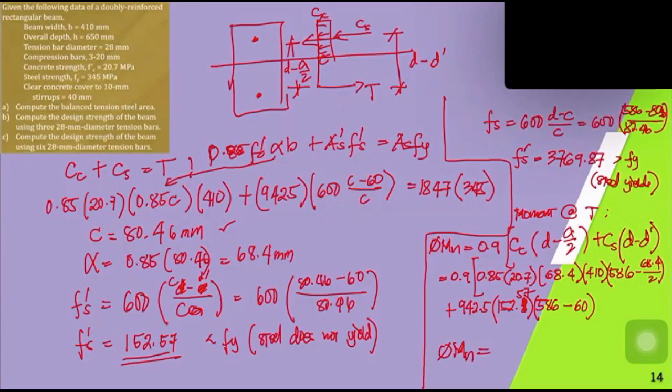Plus your CS is 942.5 multiplied by 152.57 multiplied by the moment arm 586 less 60. It's 287.49 or 68.7 kilonewton meter.